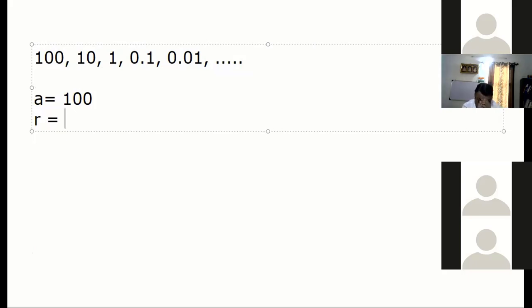Common ratio is 9. No, sir, not 9. How do I find the common ratio? Second term divided by first term. In AP, what do we do? We do second term minus first term, right? Here we divide the second term by the first term. 10 by 100, or 1 by 10, is the common ratio, or 0.1. Agree, Anushka?